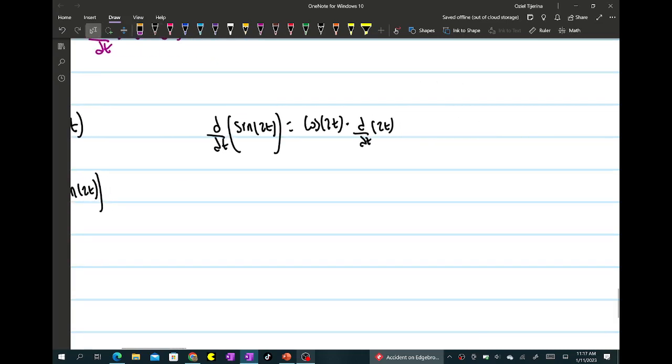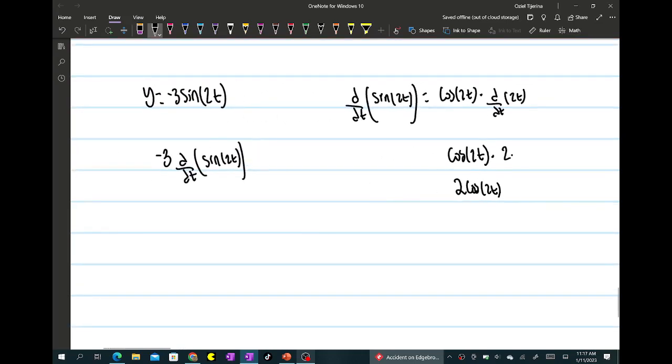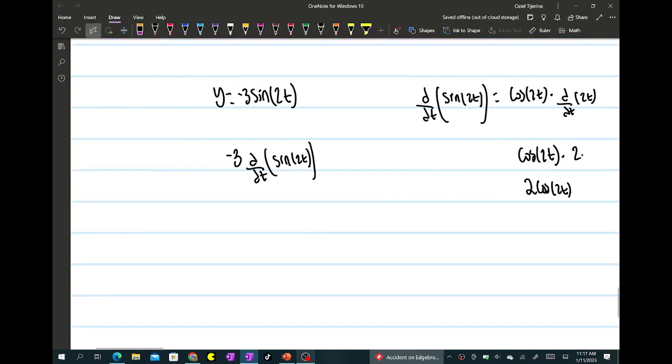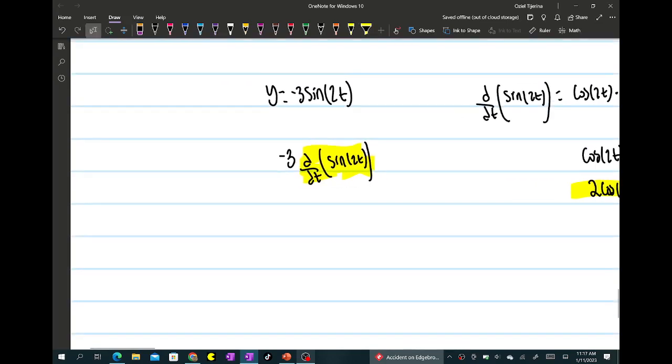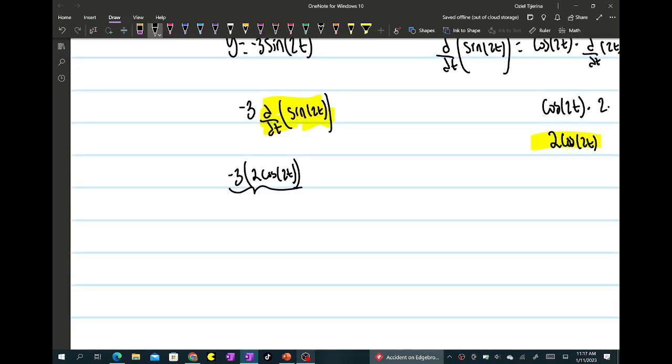So it's really going to be cosine of 2t times 2, which is 2 cosine of 2t. And then we're multiplying a negative 3 on there, so it'll be negative 3 times 2 cosine of 2t, and this just simplifies to -6 cosine of 2t.